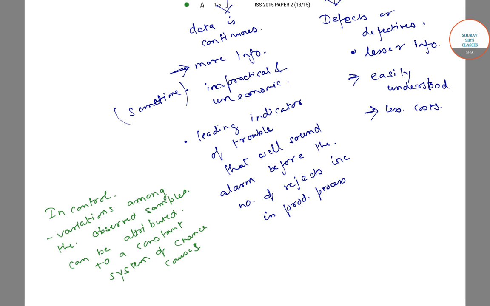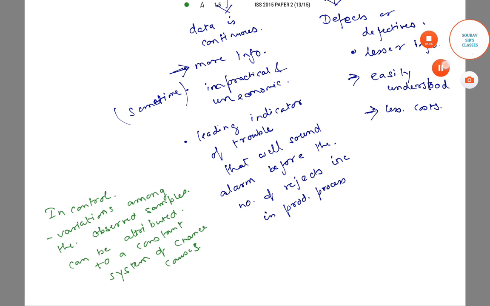That is, if the variations between the observed samples are only due to the system of chance causes, then the system is said to be in control. So a system is said to be in statistical control if in such a process the variation among the observed samples can be attributed to a constant system of chance causes.